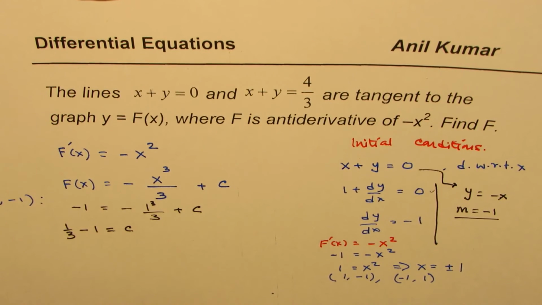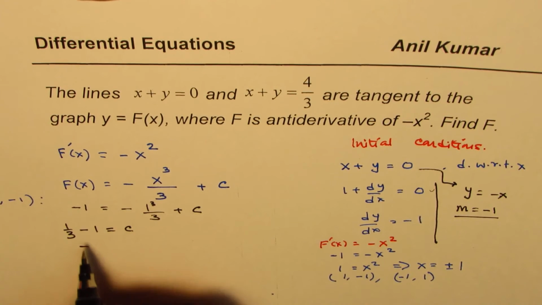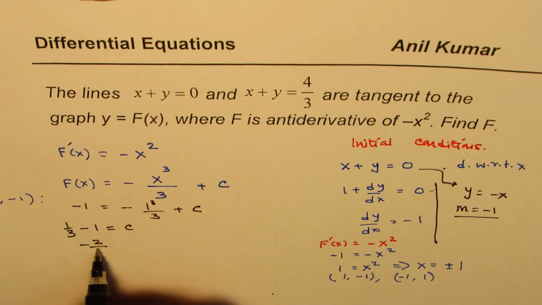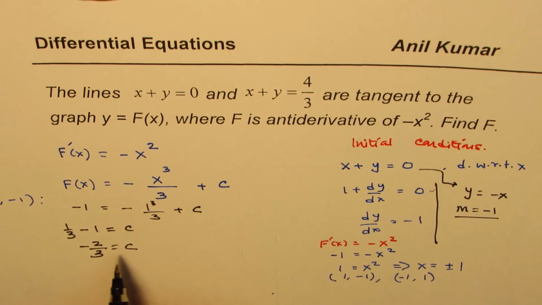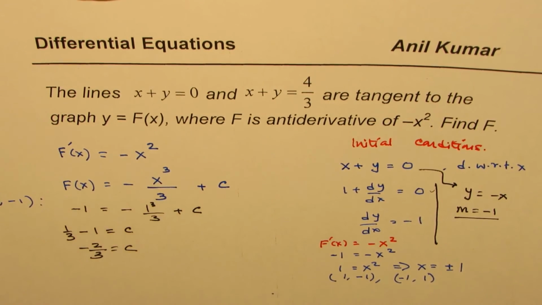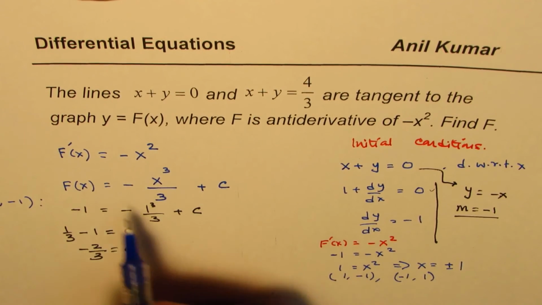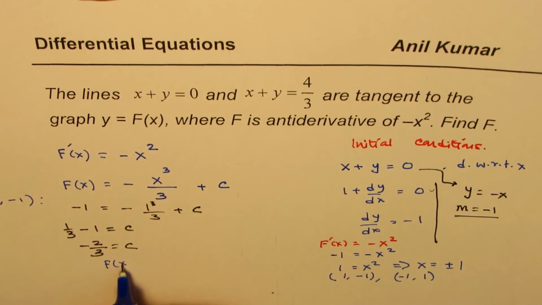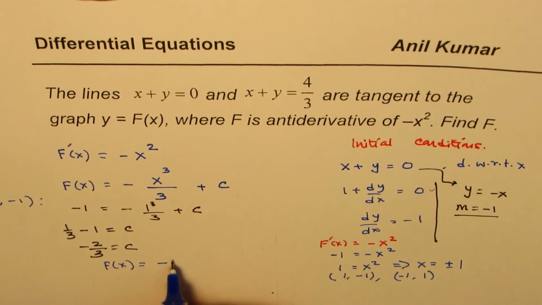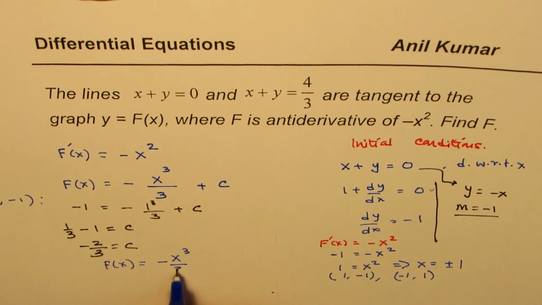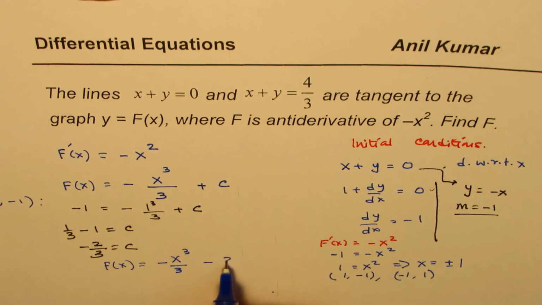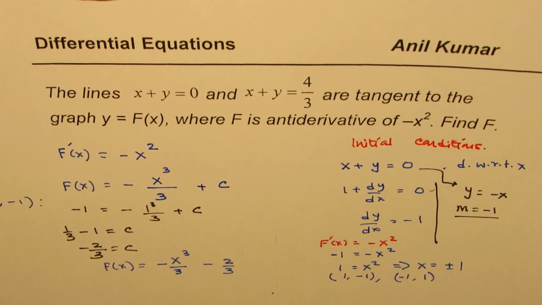So c is this value, which is minus 2 over 3, right? That is c. So once we substitute this value in our function, we get from the general solution the specific solution for the given equation, right? So we get f of x equals minus x cubed over 3 minus 2 over 3, right? So that is the solution for the given question.